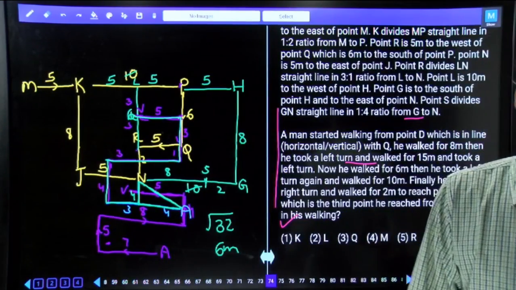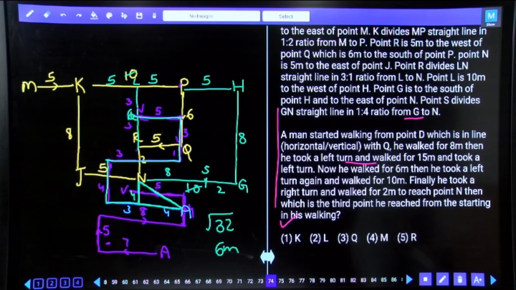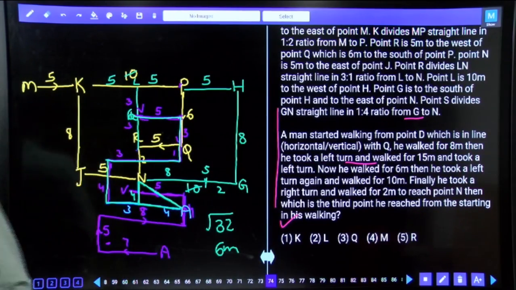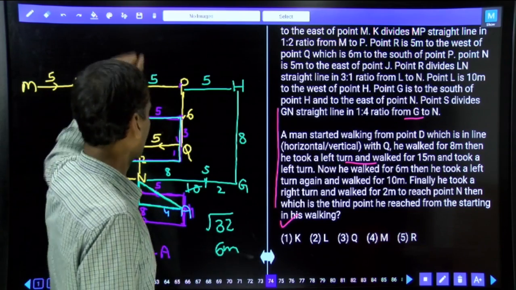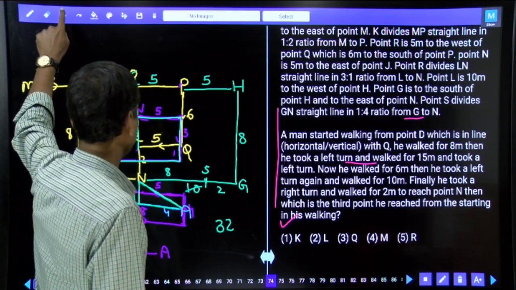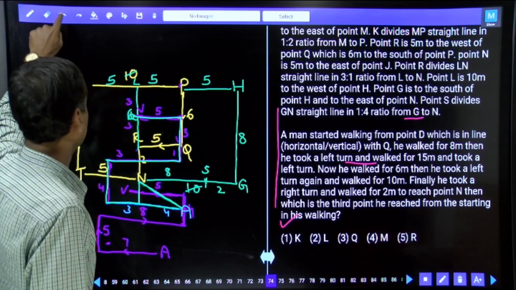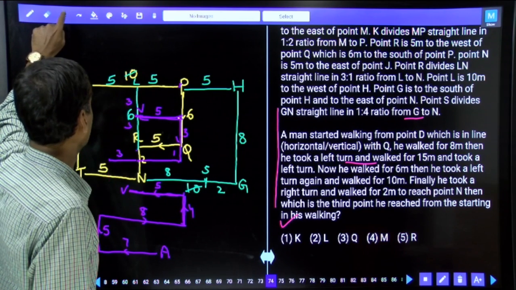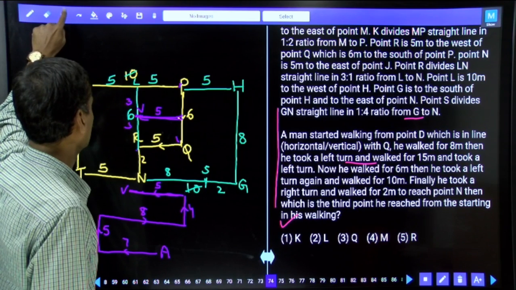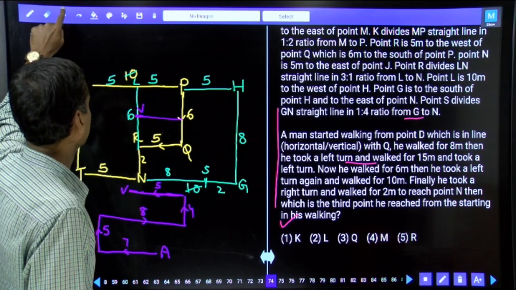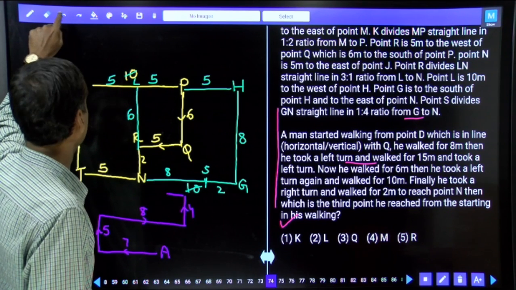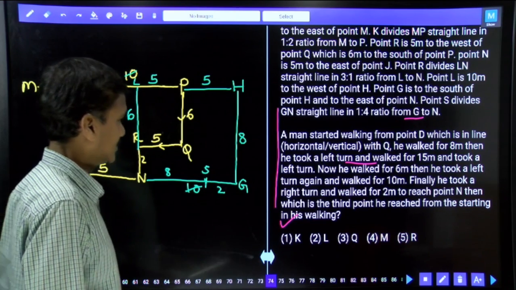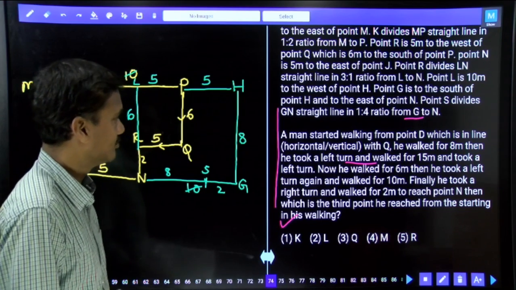First write down this one, then let us work out 74. A man started walking from point D.